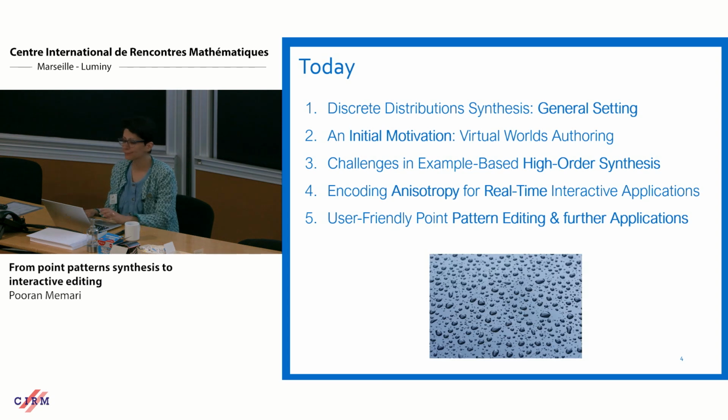So what do we call discrete distributions here? Let's see it as a special point process where each point represents the position of an element. That allows us to study different phenomena and represent them on a domain, namely in 2D.